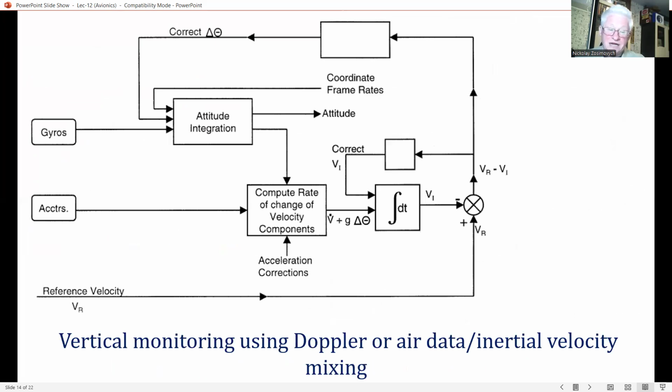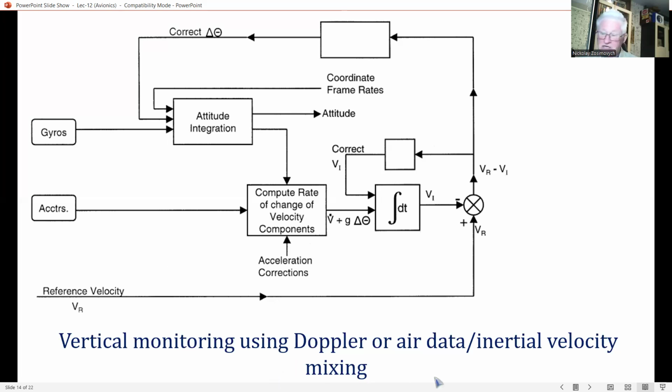An alternative method of monitoring the vertical reference, which enables lower performance and hence lower cost gyros and accelerometers to be used in an AHRS, is based on the use of an independent velocity source.